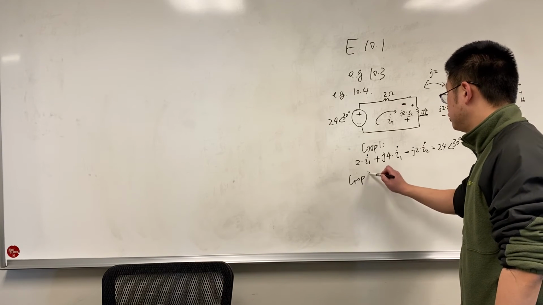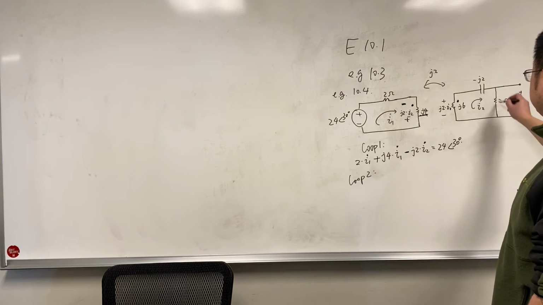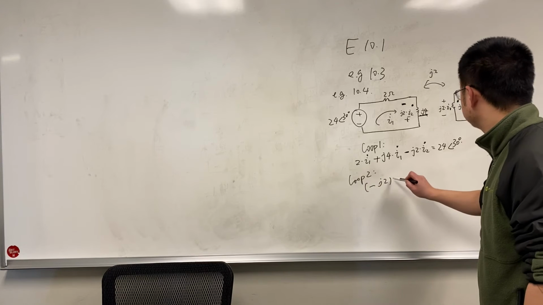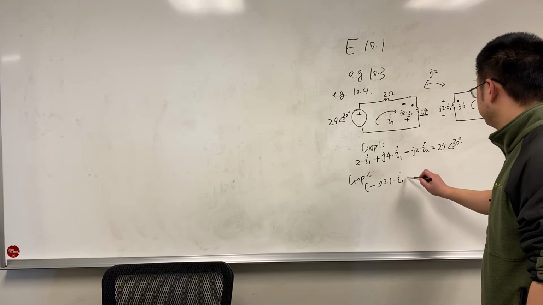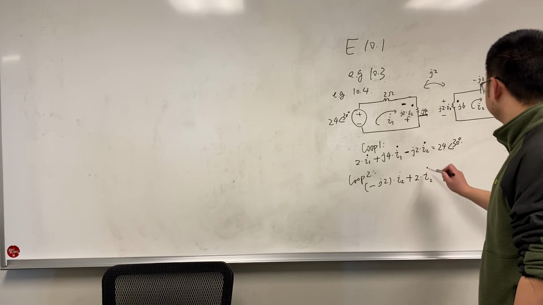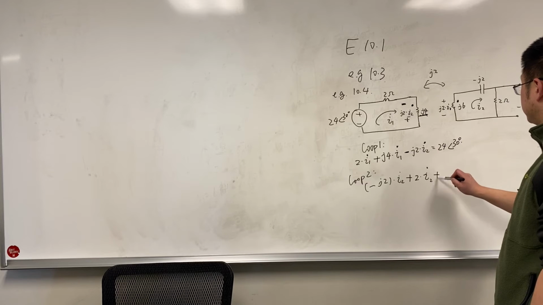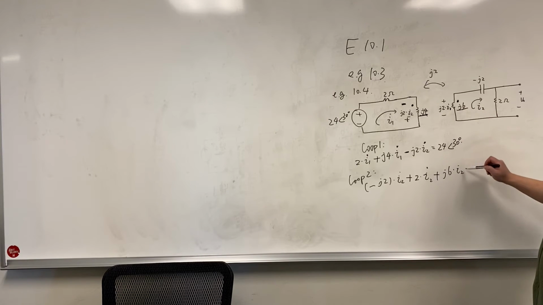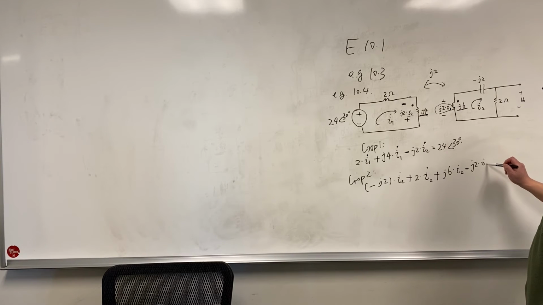For loop 2, we have this loop, so we have first negative j2 times I2 plus 2 times I2 and plus j6 times I2 and minus this induced voltage j2 times I1 equals 0.